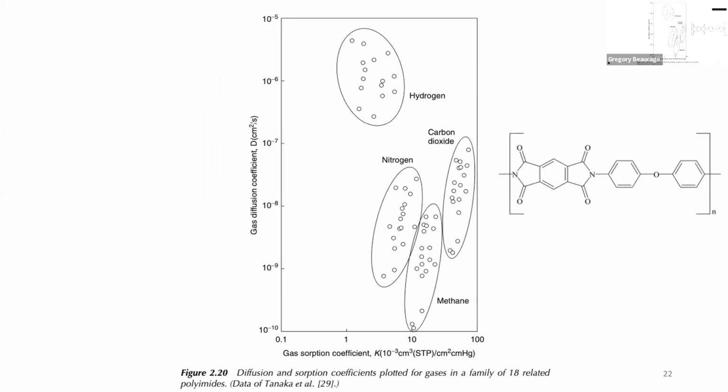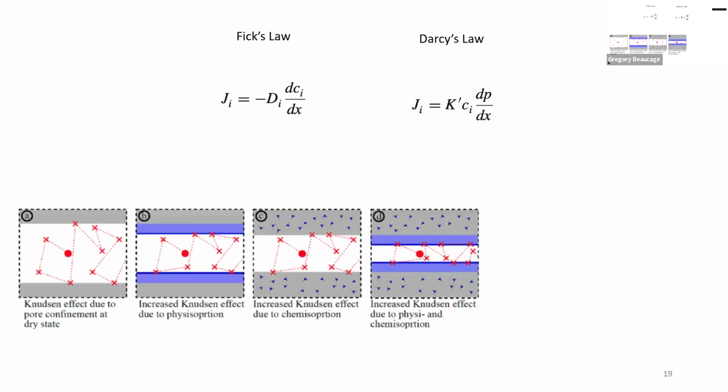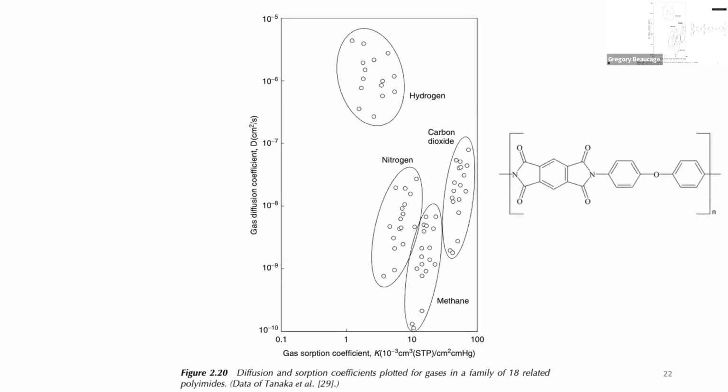What else we got here? The diffusion coefficient versus sorption. Oh, this is just showing there's a problem in trying to balance selectivity and transport. And there's also a problem with trying to balance whether it absorbs the material or whether it transports. Right.